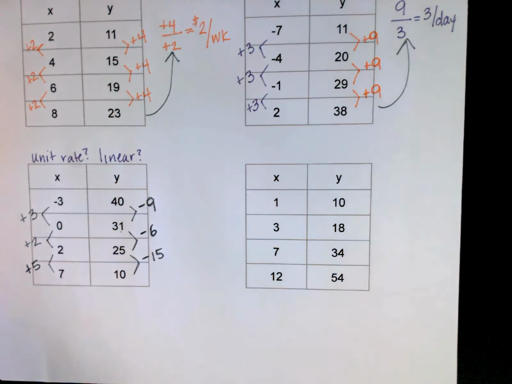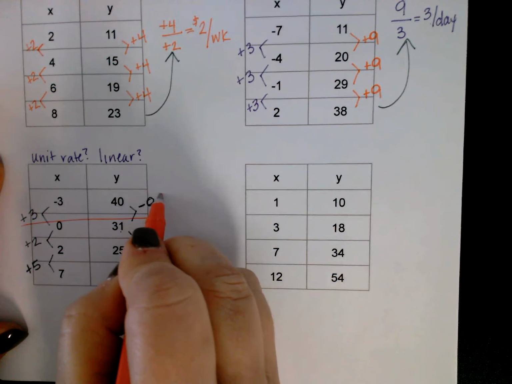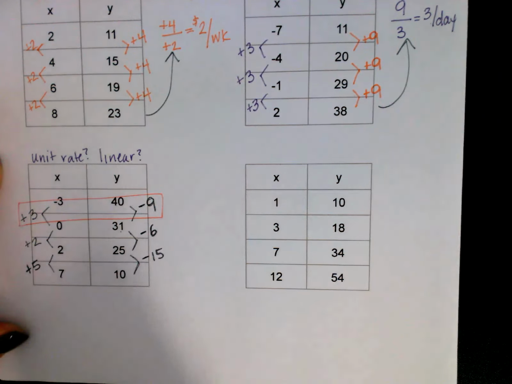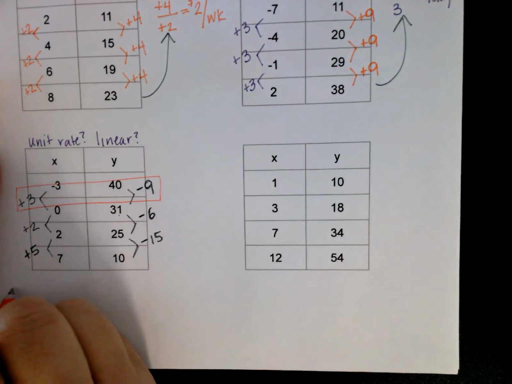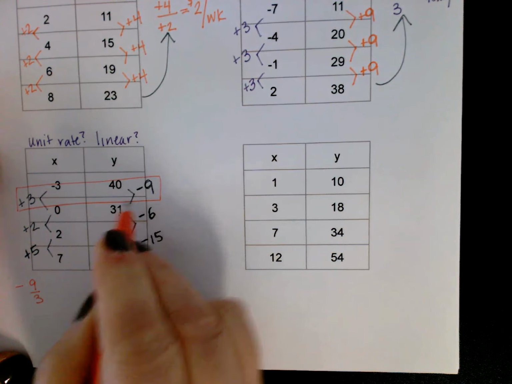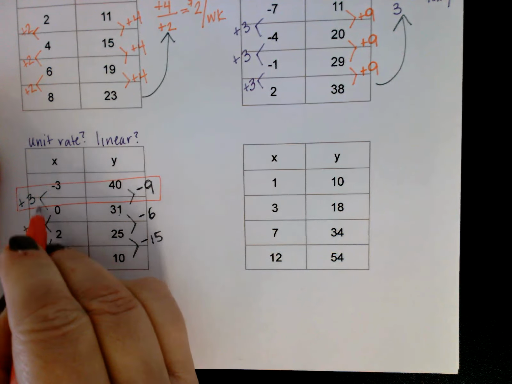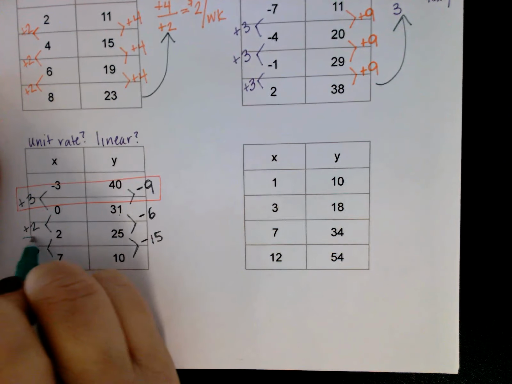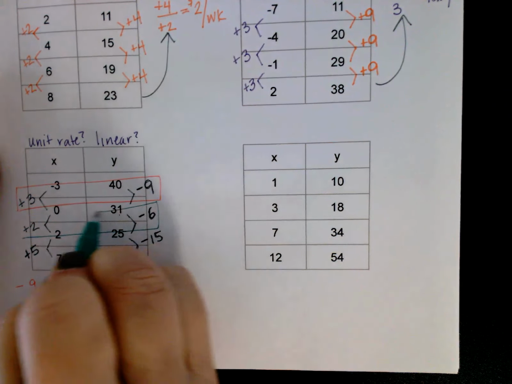One way we can figure this out is you are going to take these numbers and write them as a ratio. So I would have -9 over 3, how this y changed when that x changed, and I would get -3. I need to compare that to the next set.